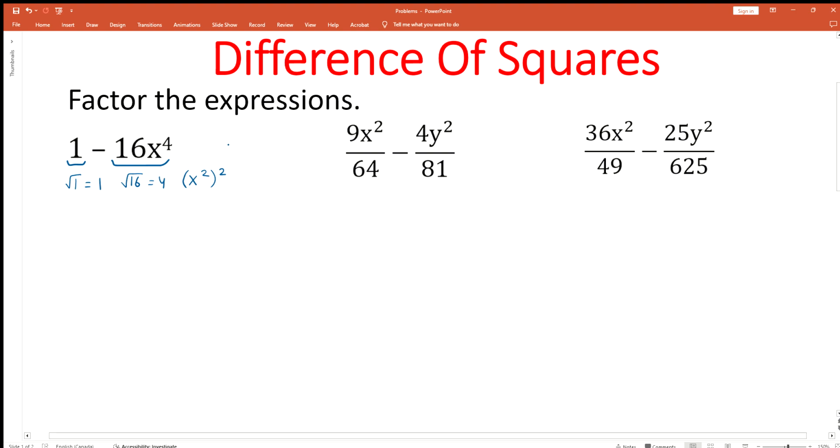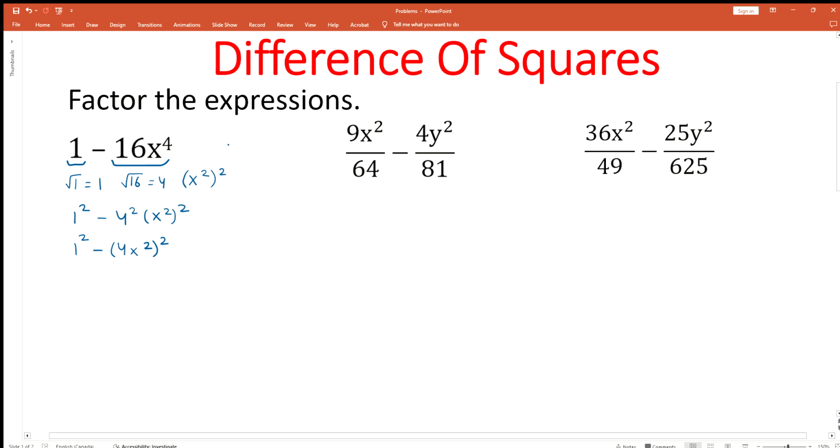So we can write 1 minus 16x to the power 4 as 1 squared minus 4 squared times the square of x squared. In the second term, both 4 and x squared have a square on them, so we can write them together in parentheses and put the square outside the parentheses. This is a very important step we need to understand for this type of problem.